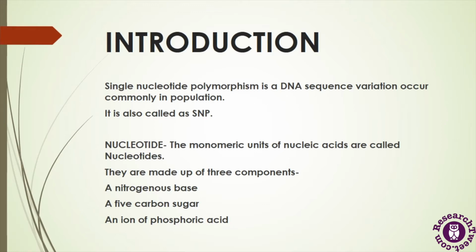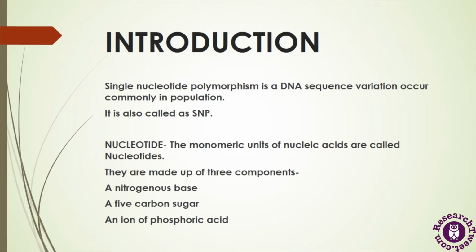Now these nucleotides are made up of three components. One is a nitrogenous base, which is of two types, purines and pyrimidines. There are four types of nitrogenous bases, named adenine, thymine, guanine and cytosine. In the case of RNA, thymine is replaced by uracil.